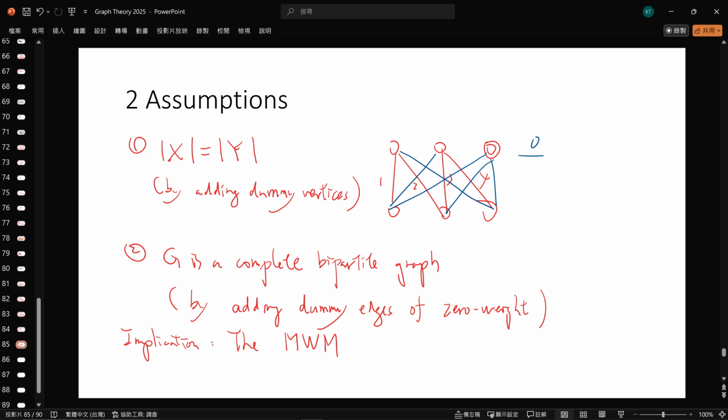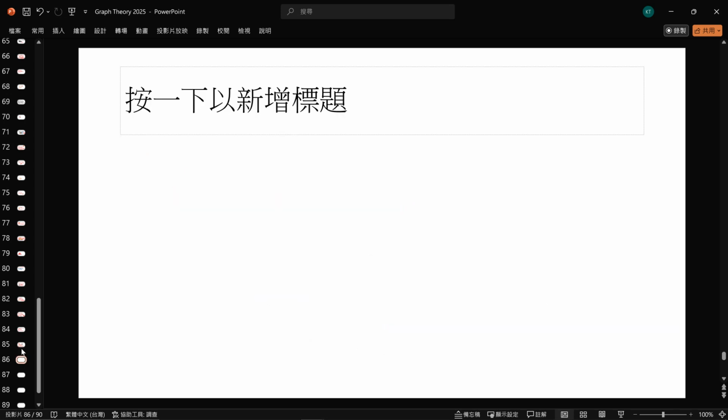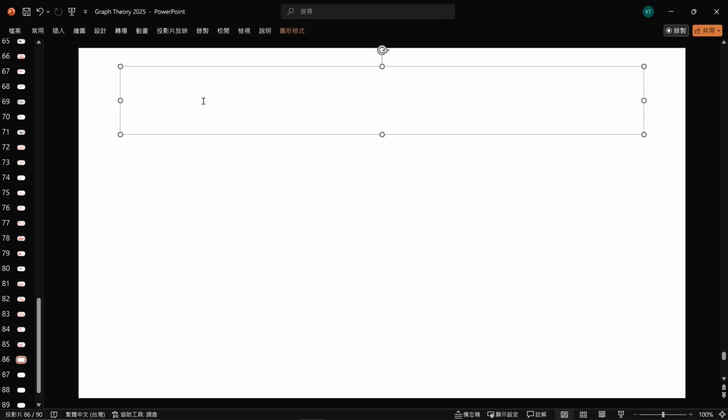So the maximum weighted matching is a perfect matching. So based on the assumptions, we want to find a perfect matching that has the highest total weight. This is the problem that we're going to consider next.